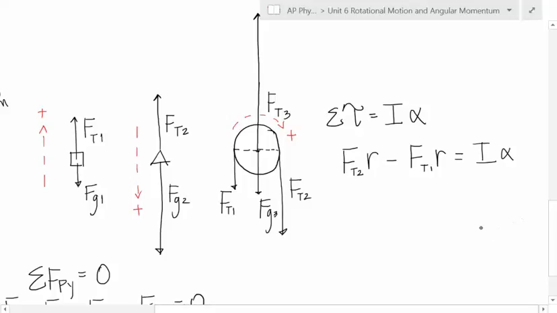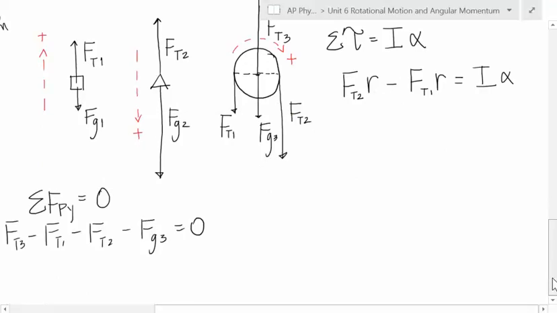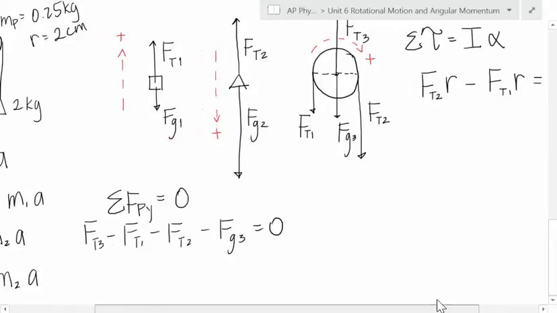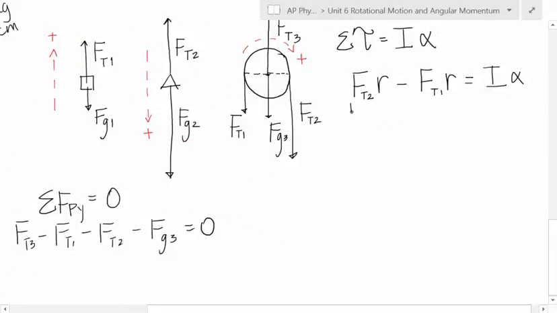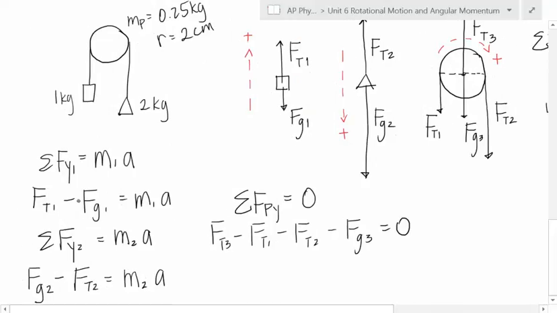So now I have 3 equations and 3 unknowns, and it's a big, gigantic, ugly-looking thing, and you cry. No, you don't. You solve it. All right, so here we go. Do you see that we have an Ft2 and an Ft1 up here? Do you see that you have an Ft1 and an Ft2 here?